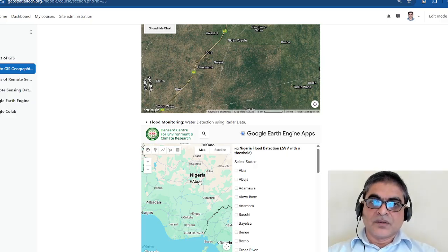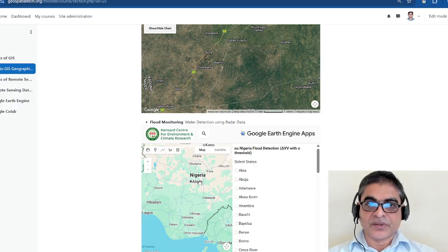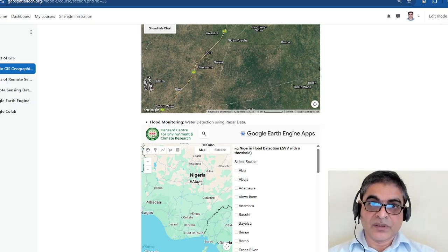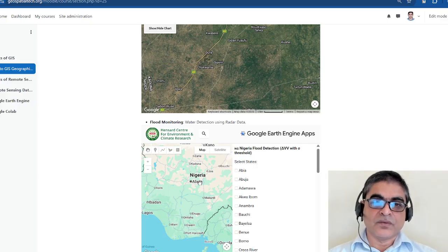When that energy interacts with water, because the water surface is smooth, the energy is dispersed and does not bounce back to the detector. So wherever water is there, the values will be very low. So this energy is very useful for detecting water.